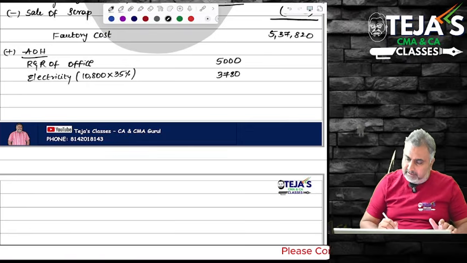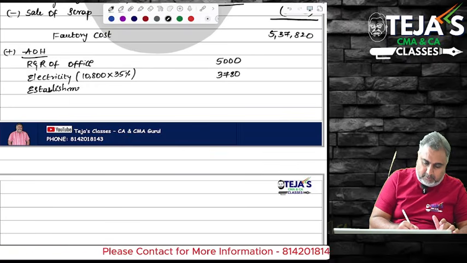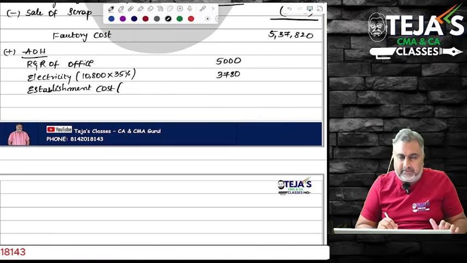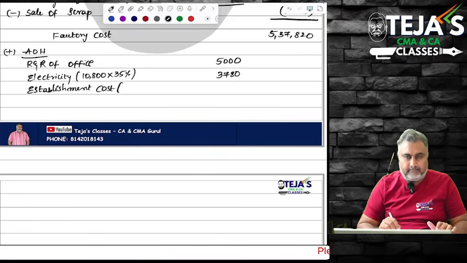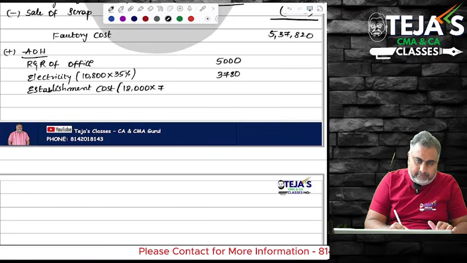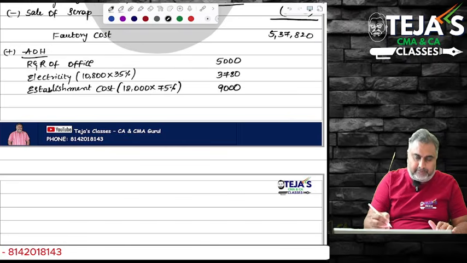3,780. Next, establishment cost. See the question, how much is given for establishment cost? 12,000. How much belongs to office? 75%. That means three-fourths, so we get 9,000.